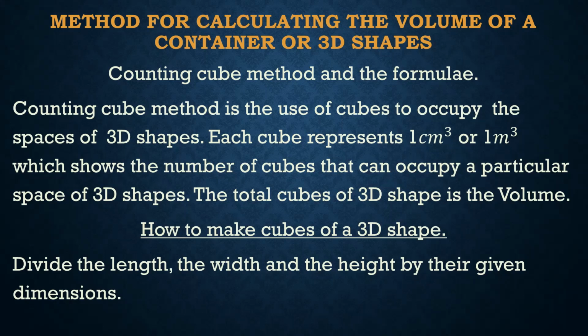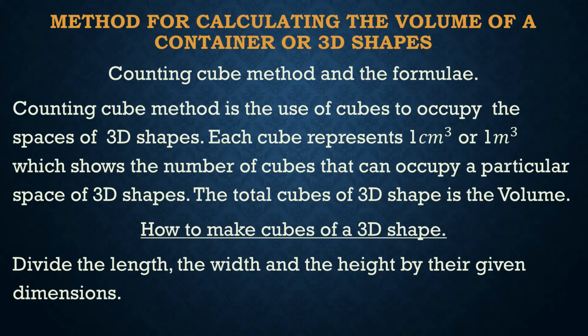So when you talk about the counting cubes method, you draw a cube, make several cubes of a particular shape, and then you count them, or you use the formula. The counting cubes method is the use of cubes to occupy the space of a container or 3D shapes. Each cube represents 1 centimeter cube or 1 meter cube.